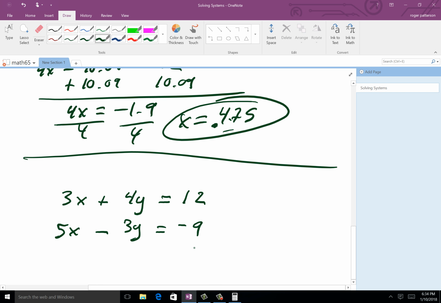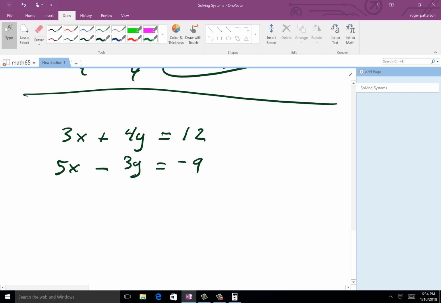Okay, so now we have this situation. Now, there's not really a single number I can multiply by to get this. So, I'm going to pick a variable to eliminate. Alright? And then we can multiply both equations by something. So which variable do you think is best to eliminate here? And why?